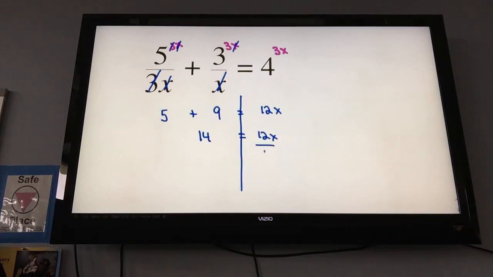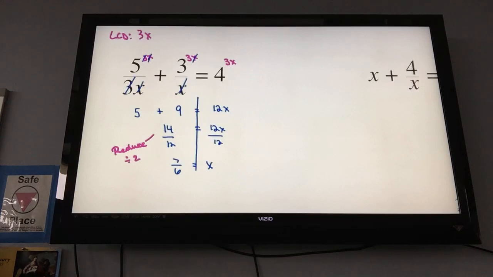You can get x alone, so divide by 12, and x equals 7 over 6. So all I did was reduce this fraction and divide by 2 into both of those. So that's where my 7/6 came from.